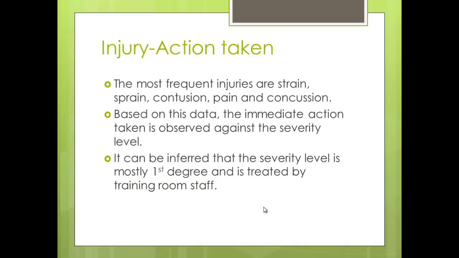Now, action taken. The most frequent injuries that we are dealing with in our Oklahoma State University athletes are the strain, sprain, contusion, pain, and concussion. Based on the data, we can know the severity level and the degrees of the severity level.